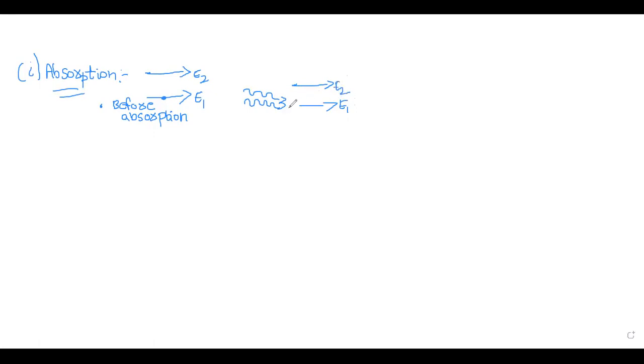When this laser light is interacting with the atom which is residing at the ground state, the atom in the ground state will move to the higher energy state as it observes the energy. So radiation is absorbed by the atom and it is moved to the higher energy state.